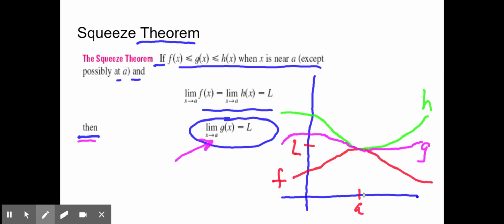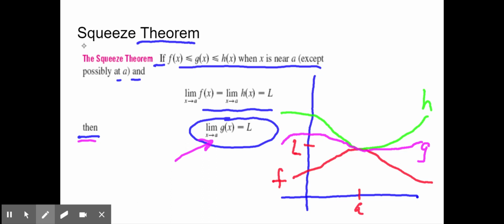Well, as x goes to a, g of x, yeah, it equals L. And that should make sense to you because f of x went to L, h of x went to L, and g of x is in between them. So there's no place else that g of x could possibly go other than L.